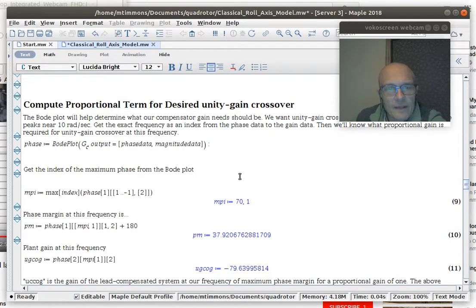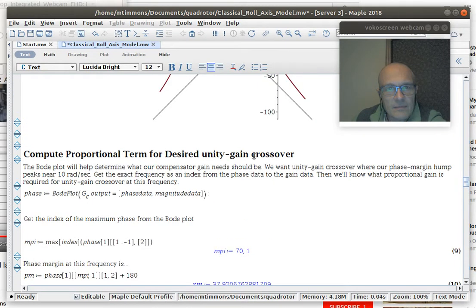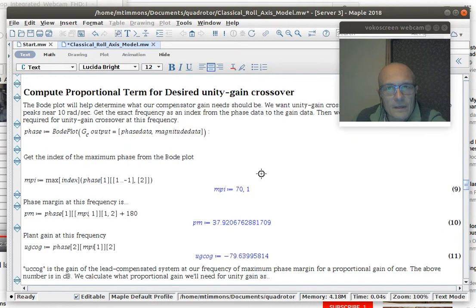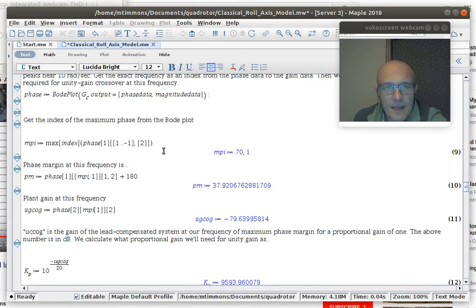So the way I did that was I just established from the initial unity gain Bode plot the phase hump, the point of maximum phase margin, and grabbed the native, if you will, or plant gain at that frequency.